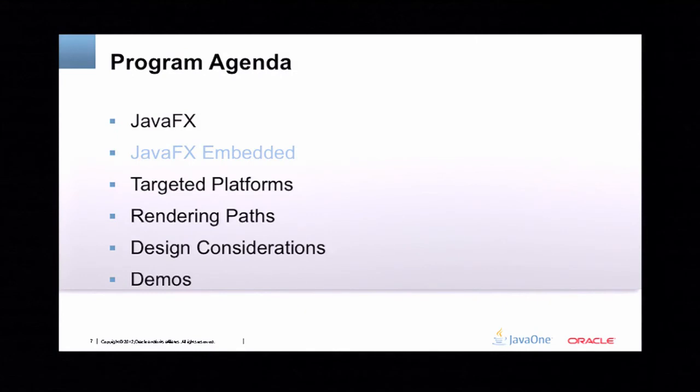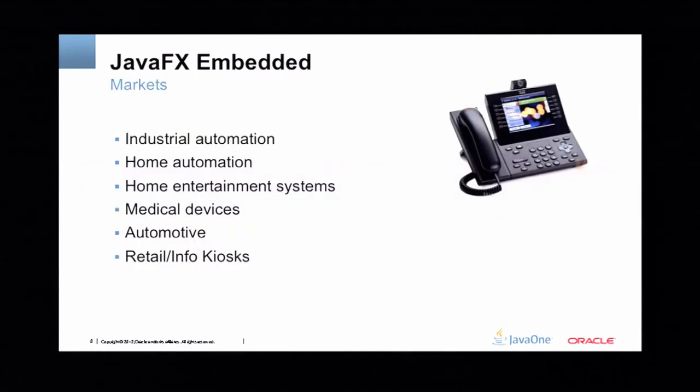All right, that's FX on the desktop. Since so many of you raised your hands, clearly we're ready to move on. Let's talk about embedded. So where are my markets? Where do I think that this FX embedded is headed towards?